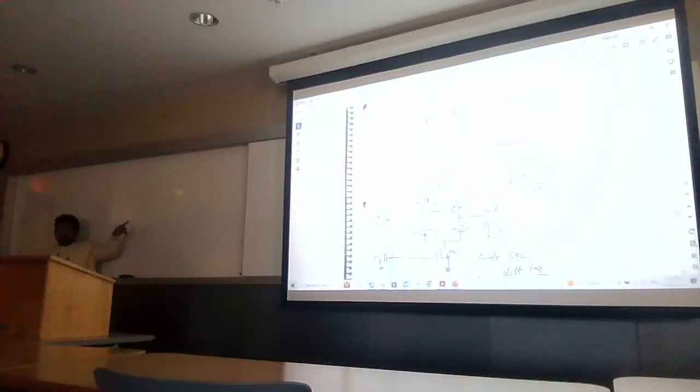To allow the transistor to function. Yes, to make this transistor operate in saturation and to get a higher GM. There are two motivations: we need higher GM, and my transistor should operate in saturation. In this way, we fix the bias point depending on the designer.